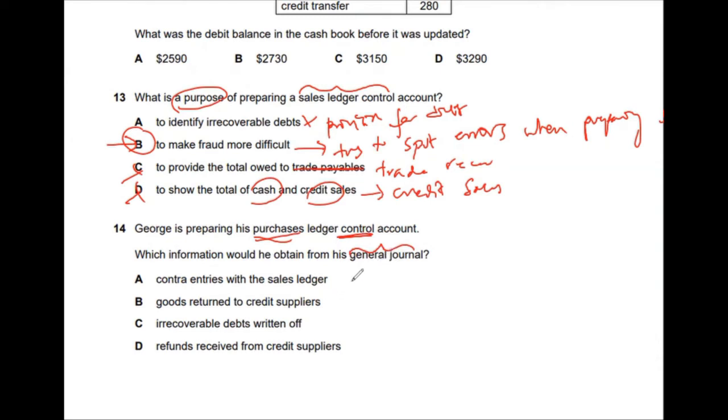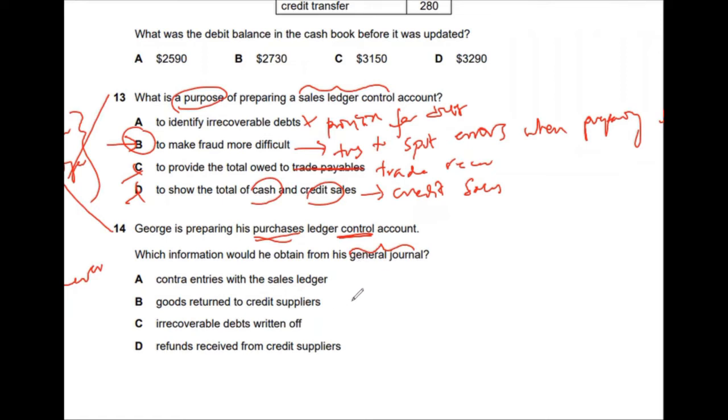If you look at these options, multiple choice 13 and 14 are actually about sales ledger and purchase ledger control accounts. Do you observe there's a pattern here, which can help you understand things better and prepare better for the exam?